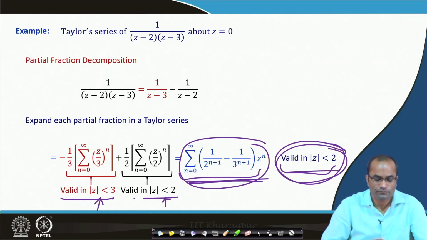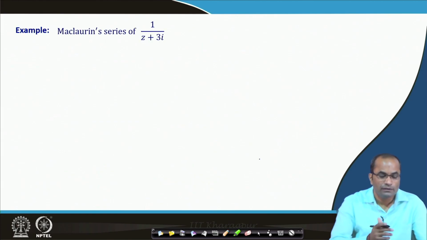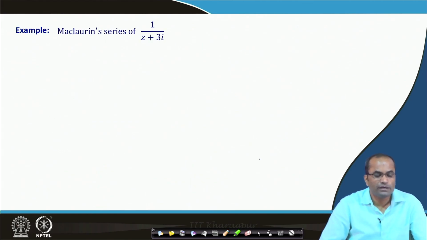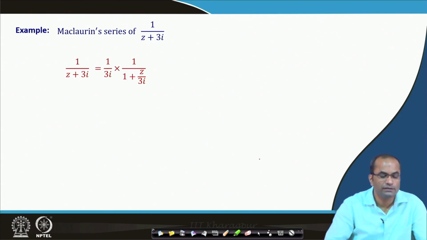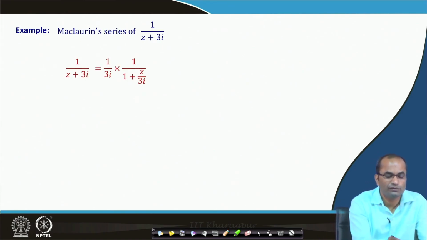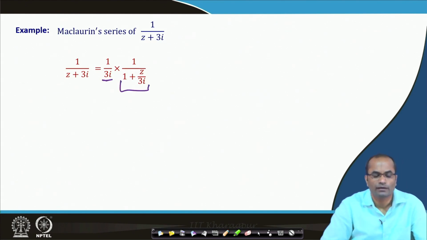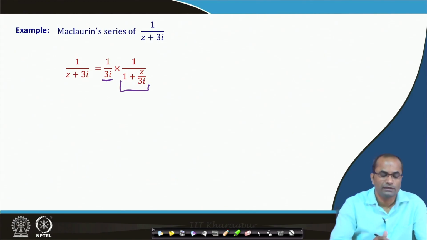The last example we will be talking about is the Maclaurin series of 1 over z plus 3i. The same trick we can use again that we have used before. So, 1 over z plus 3i: we take 3i common to have the form 1 plus z by something.